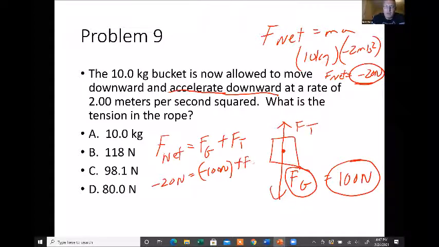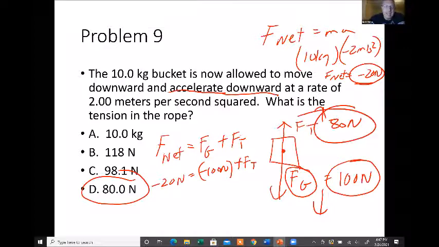So now we can solve for the force of tension and see that the force of tension is going to be 80. And if you draw it here, it's pretty easy to see that if you have 100 acting down and you have 80 acting up, you have a net of 20 down. Therefore, the up force has to be 80 so that we end up with that net of 20.